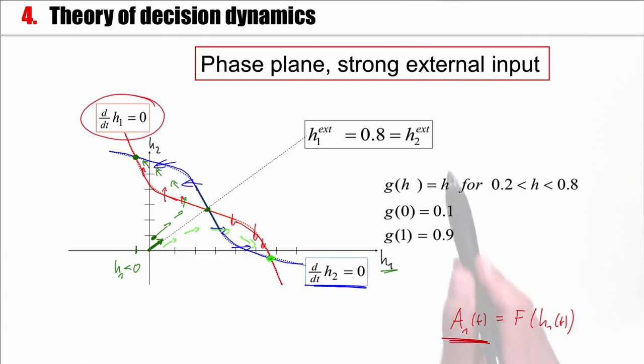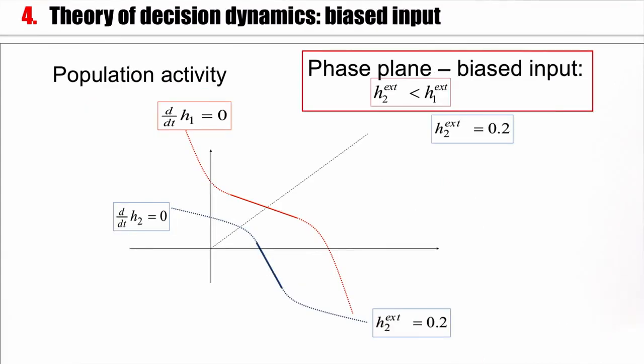So this is the scenario where I had strong external input to both populations. Now I can keep the strong external input to the first population while reducing the input to the second population. And what happens is that this second curve is now shifted downward. If we now look again at the fixed points, we see that there's only one single fixed point left. Wherever I start, so these are the flow arrows, I necessarily end up at this fixed point.